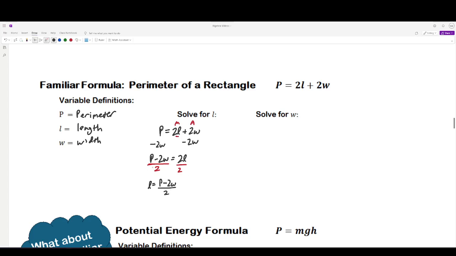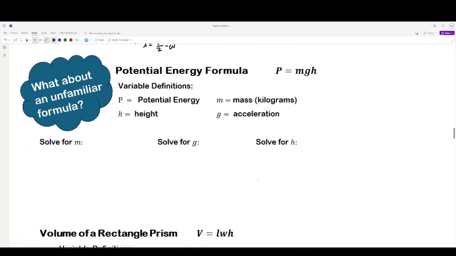But if I divided each of the individual terms by 2, I would get L equals P over 2 minus W, since 2W over 2 simplifies to just W. These two are equivalent expressions. They are the same thing, and either one is okay, and understanding they are the same is really important. W is very similar, so I'll leave that for you to do.